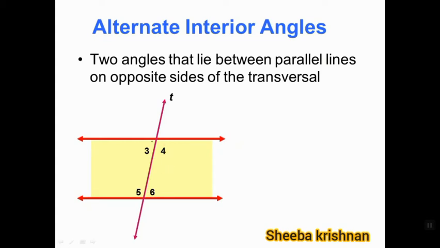So alternate interior angles: angle 3 is equal to angle 6 and angle 4 is equal to angle 5. Angle 3 and angle 6 are alternate interior angles. Angle 4 and angle 5 are alternate interior angles.